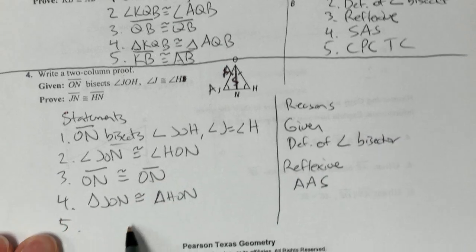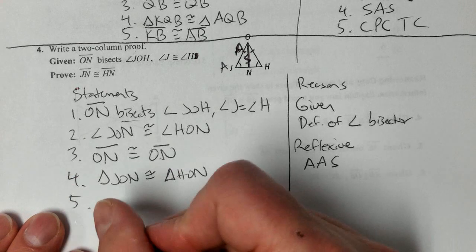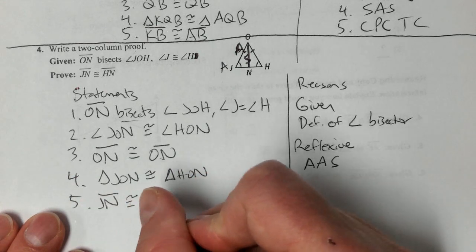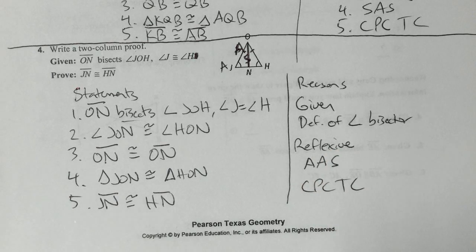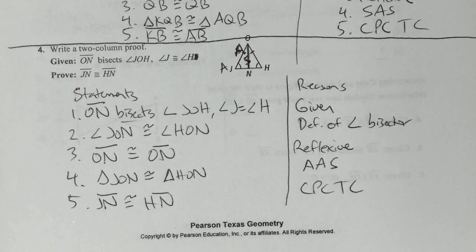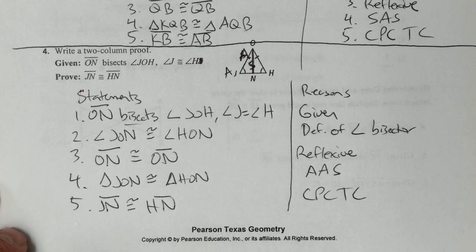And then our last statement would end up being JN congruent to HN from CPCTC. Okay, so that's all of the vocab and the reteaching.